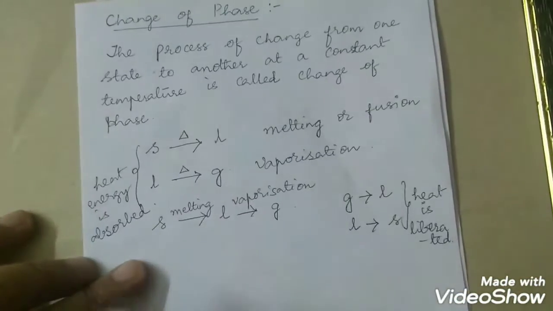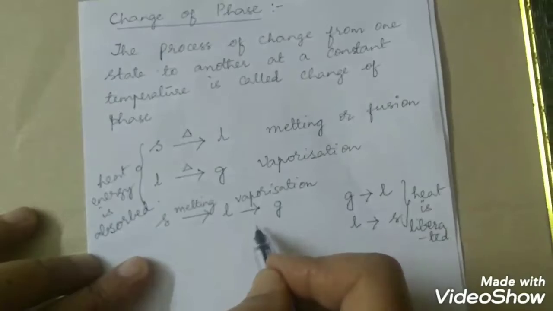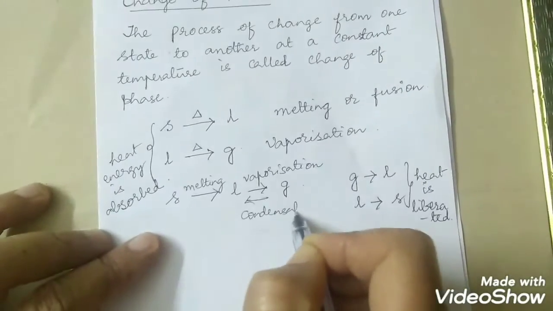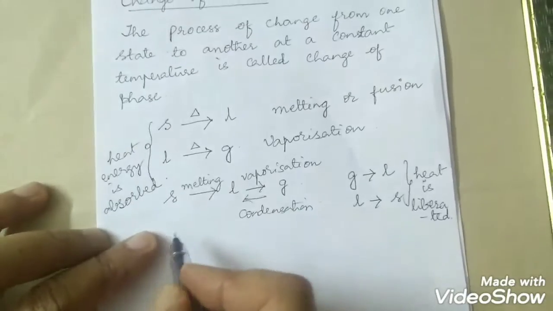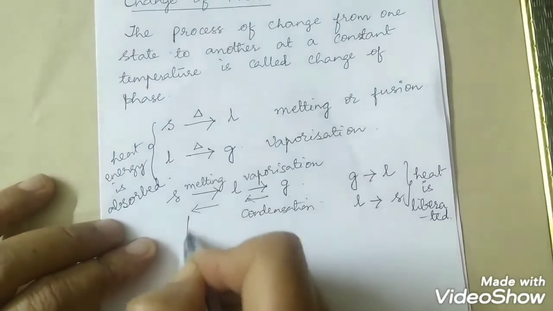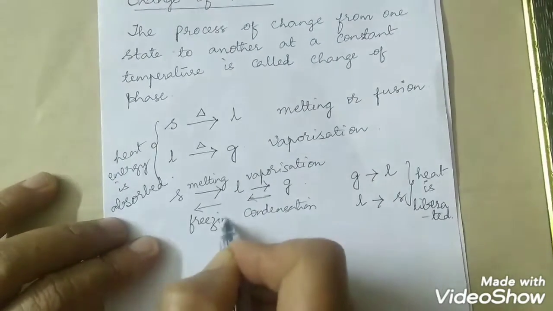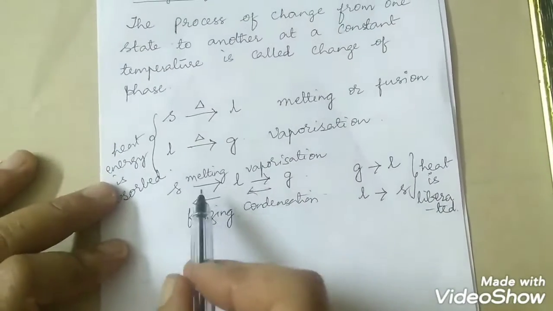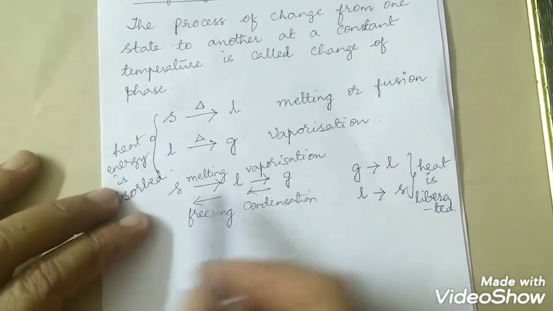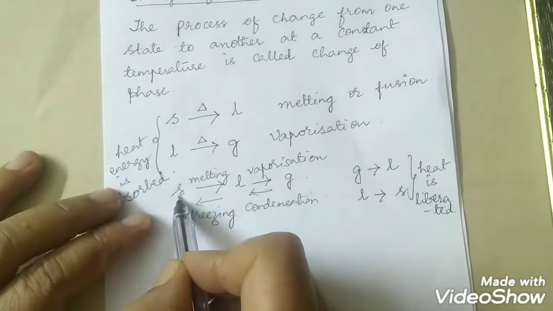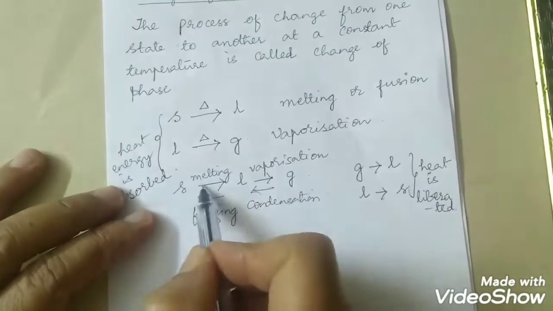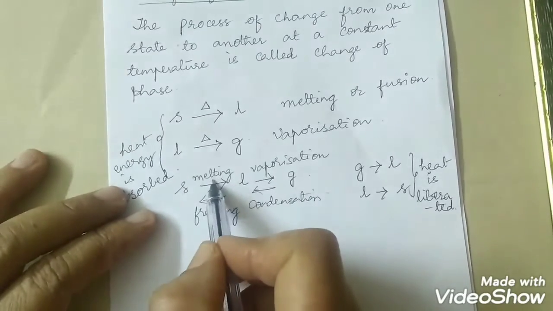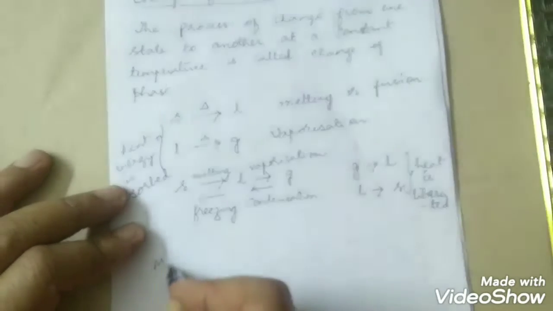Here, in this statement, it can be written: a gas on condensation changes to liquid and a liquid on freezing changes to solid. Now, you have to remember one thing. The process wherein a solid converts to liquid is called melting, and melting takes place at a fixed temperature.